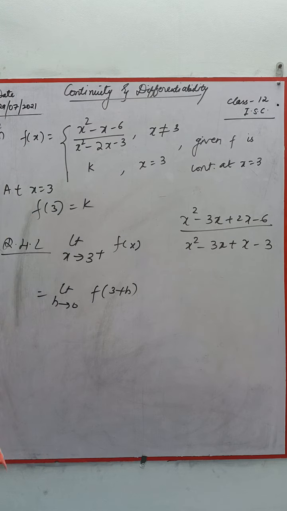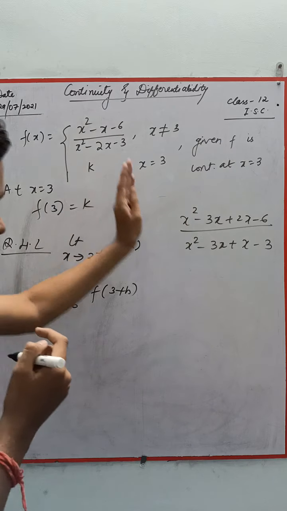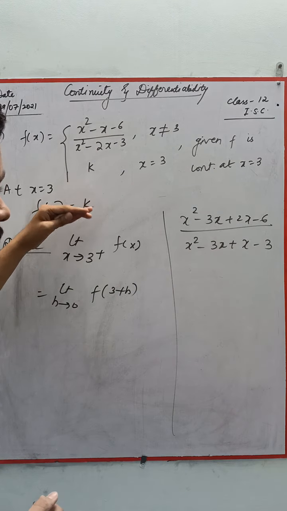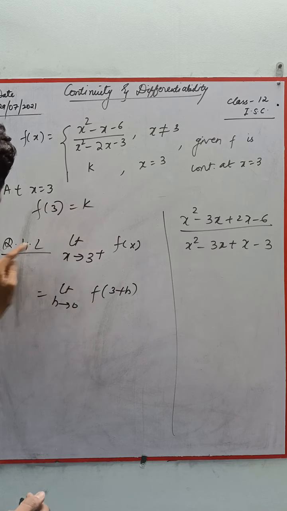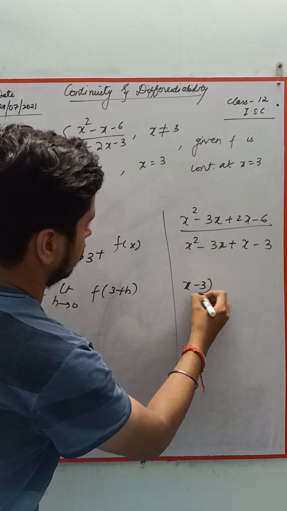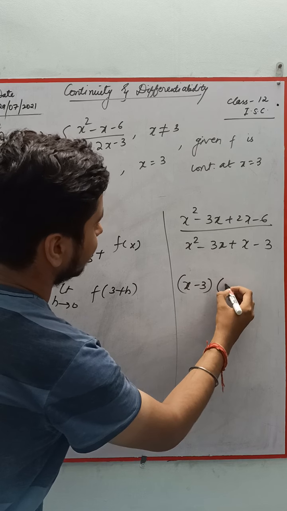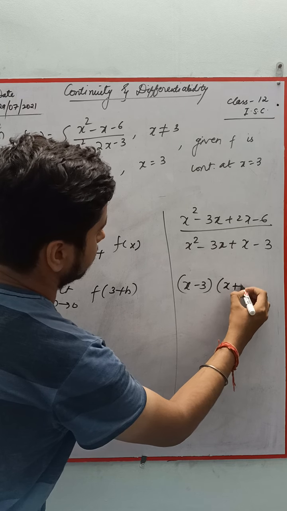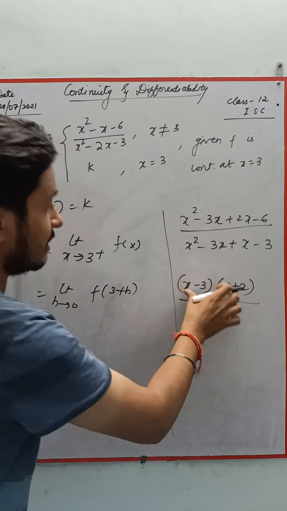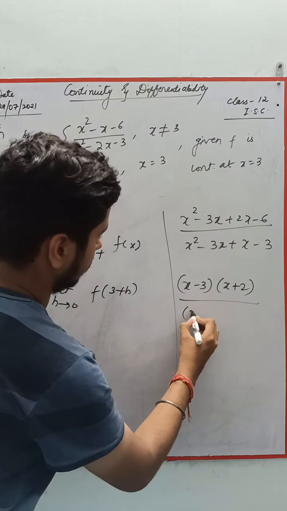Can we do it in such a way? So I'm solving here. Please, you have to solve it before solving this RHL. See, I'm directly just writing the roots. Please understand how the quadratic equation has been factorized.